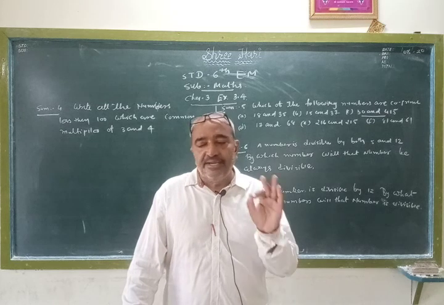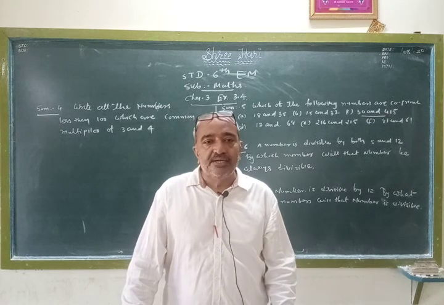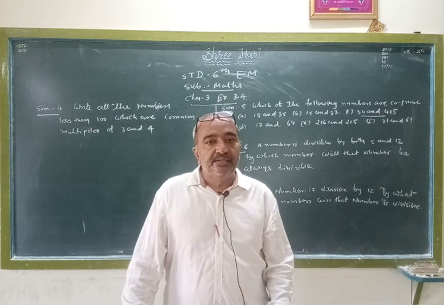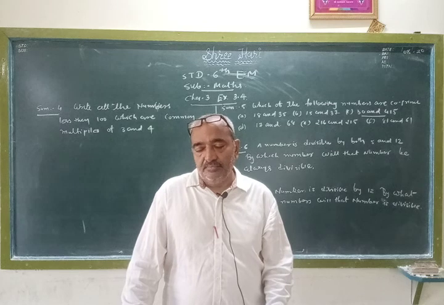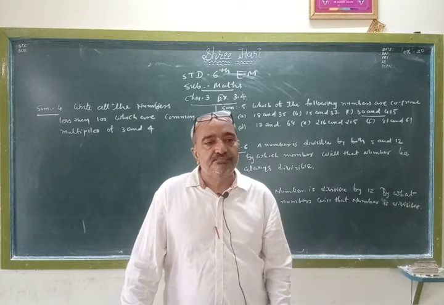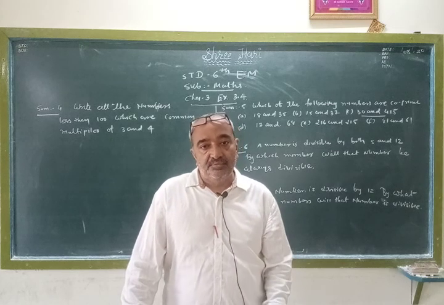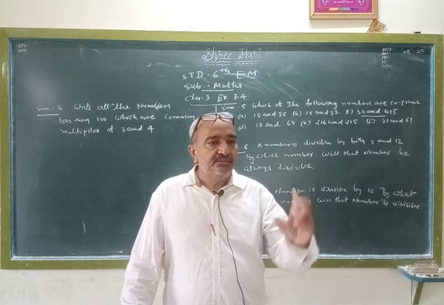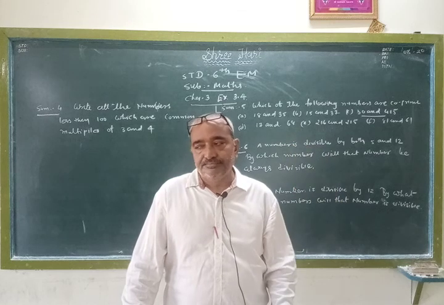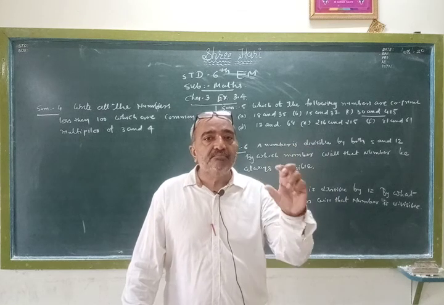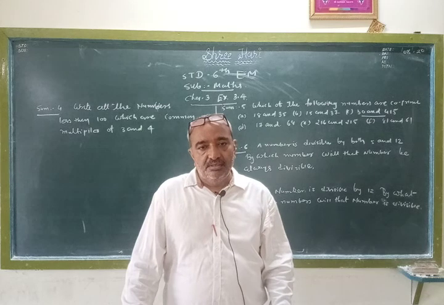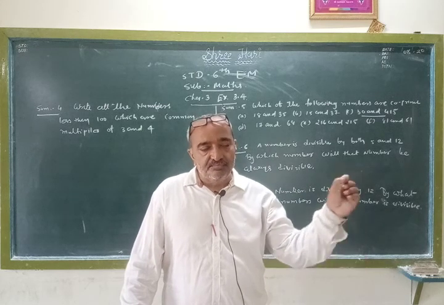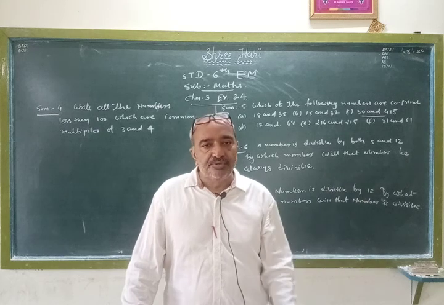First we write the multiples of 3 less than 100, then we write the multiples of 4 less than 100. After that we find the same numbers among the multiples of 3 and multiples of 4. So look at the board.